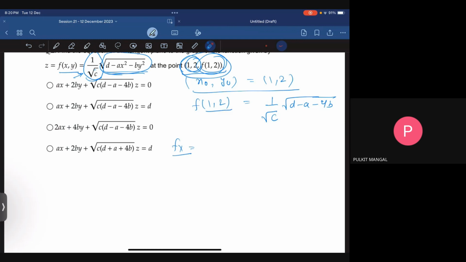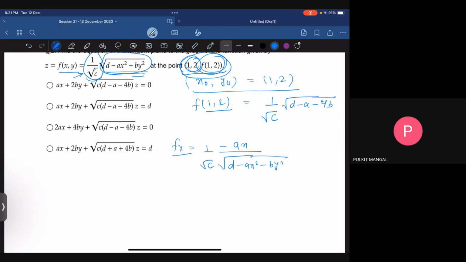Now the derivative. First find the partial derivative with respect to x. We already dealt with this expression, so I will quickly write this: fx is minus ax upon under root of d minus ax square minus by square, and 1 by root c, because it's a constant, stays the same.